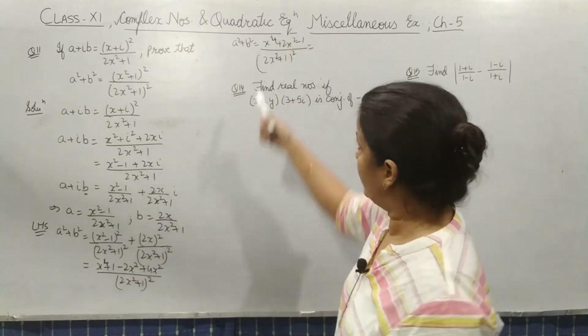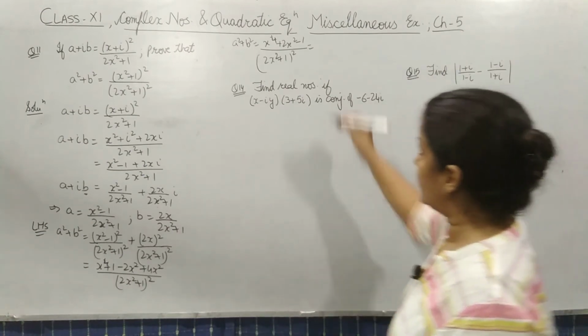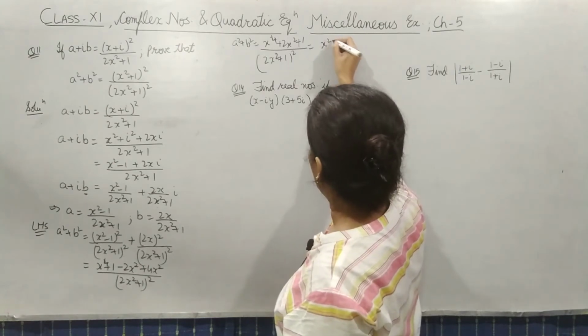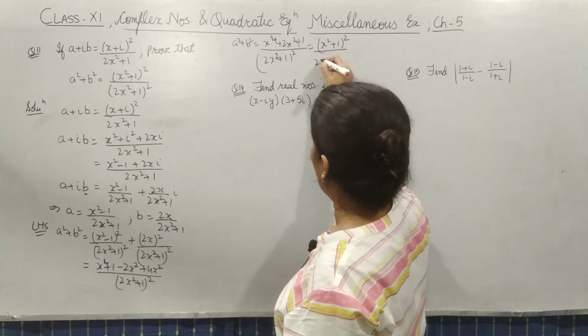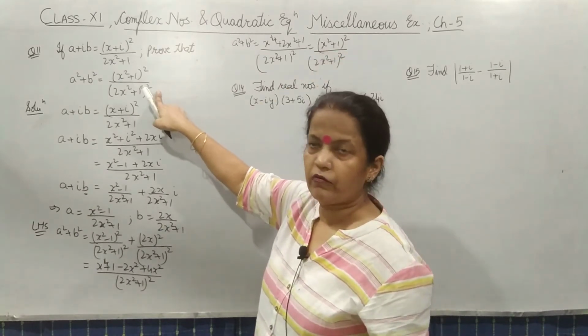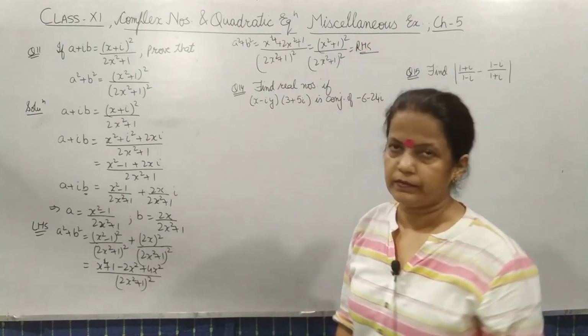Now this whole is plus 1, so this is the identity of (x square plus 1) whole square upon (2x square plus 1) whole square. And this is what we have to find out, and this is the RHS. Is it clear?